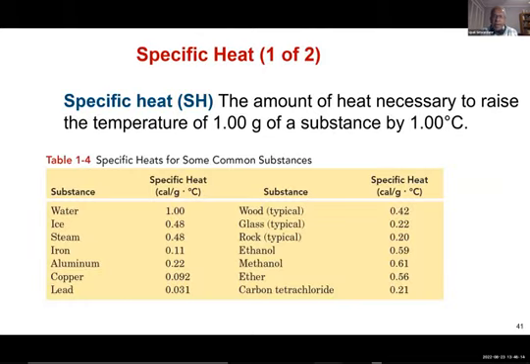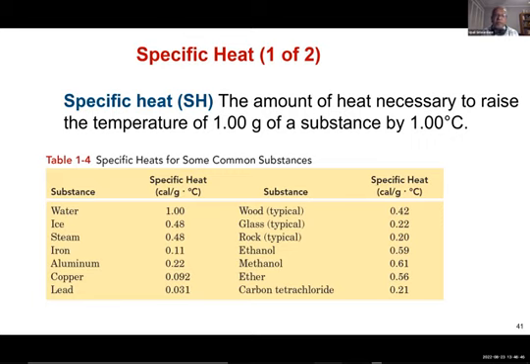Heat absorbed by 1 gram of any material to increase temperature by 1 degree Celsius is called the specific heat of that substance. In the previous slide, we defined calorie as the specific heat of water. In the table, specific heat of water is 1.